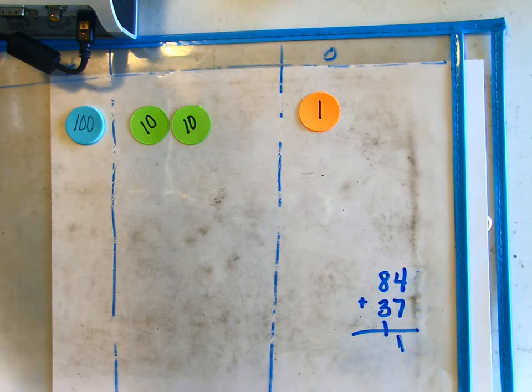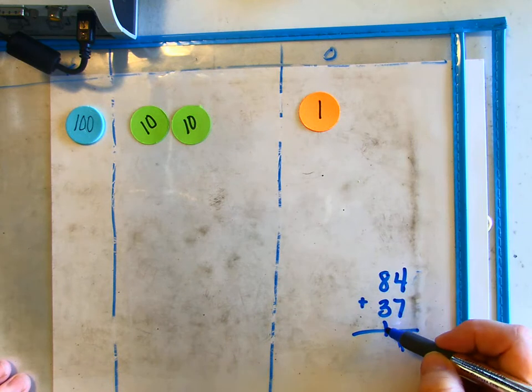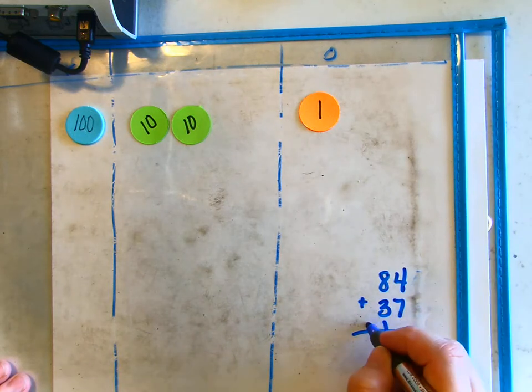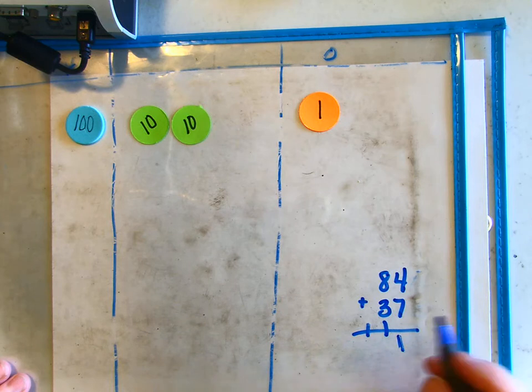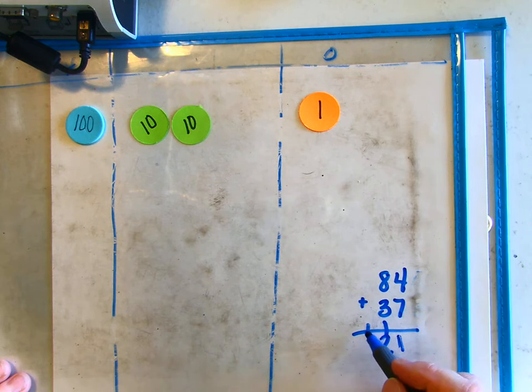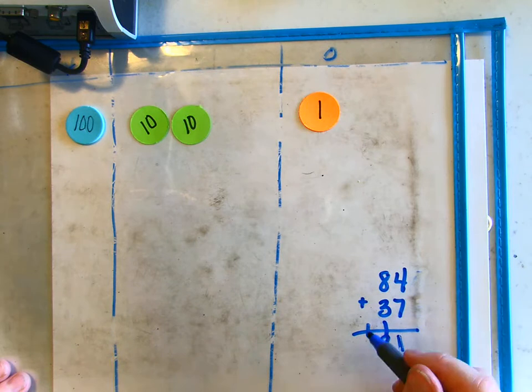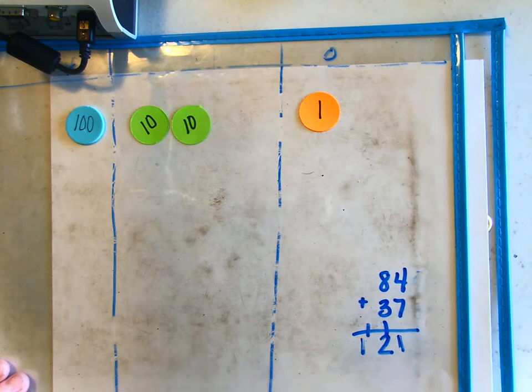I need to write that down over here. 8 plus 3 plus 1 is 100 and 2 tens. So that 100, I don't have any other hundreds there to add it to. It's just the 1. So I'm going to bring that number down.